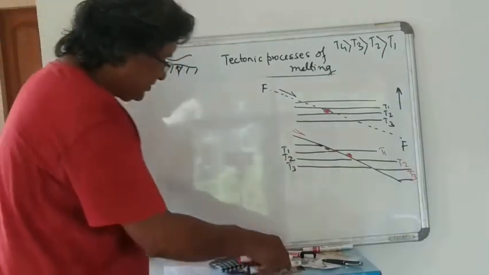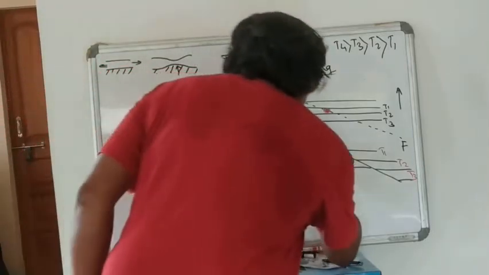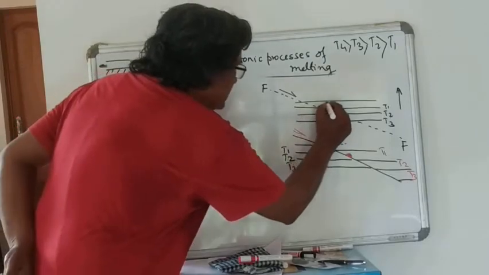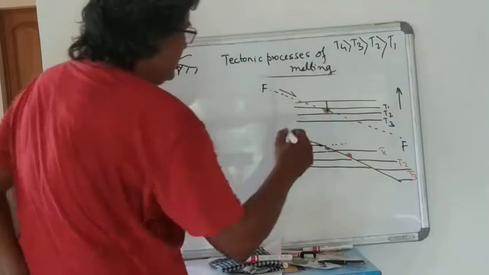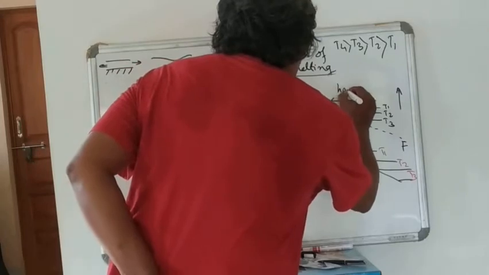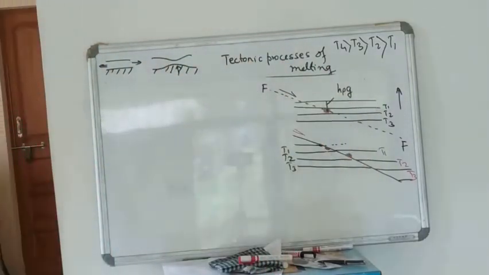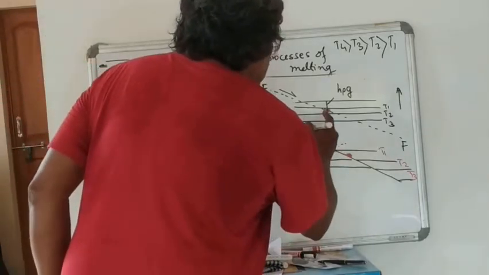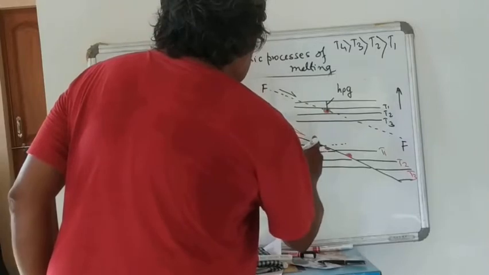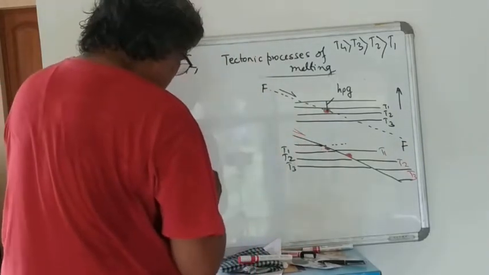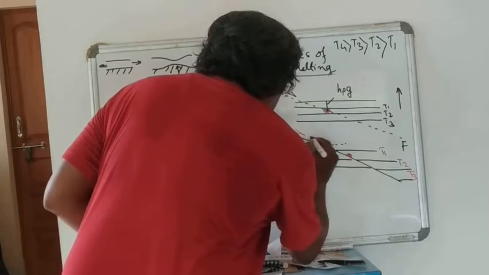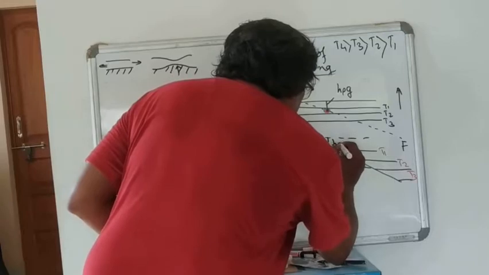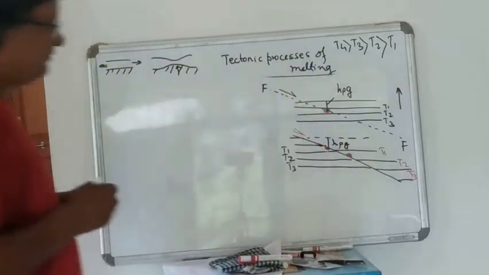Now let's see what happens. You see what is happening. I draw this line, and here you see this distance above this is h, rho and g. This causes the pressure. Now this is h, rho, g.